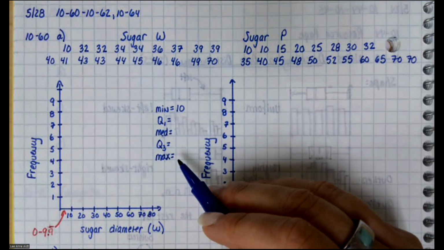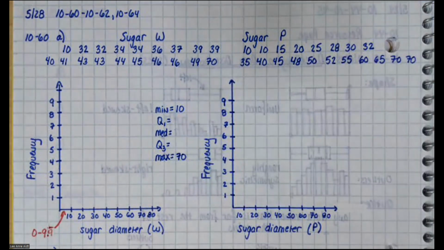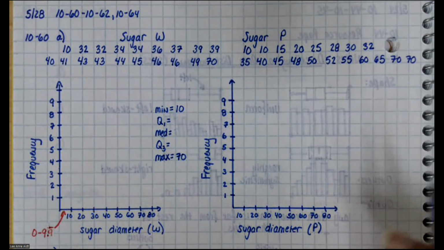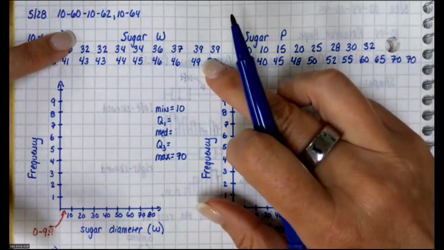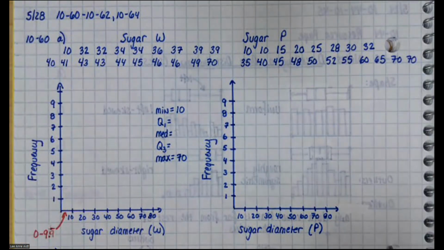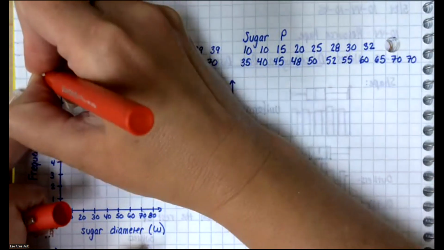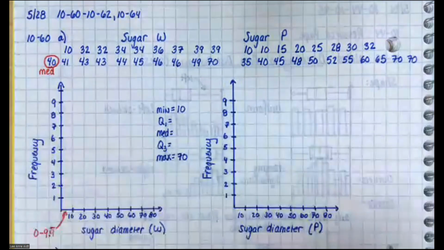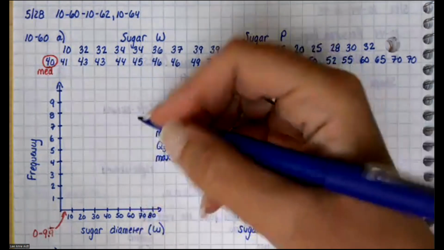What is the max? 70. Okay. Now, the next thing we want to find is the median. There are 19 numbers. So which number should be the median? The 10th. Okay, or you can do Mrs. Talbot's fancy counting in technique. This number right here should be the median. This is the 10th number. So the median should be 40.